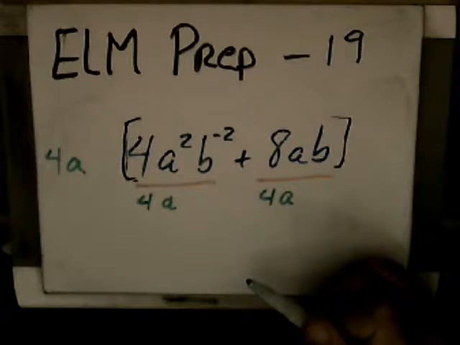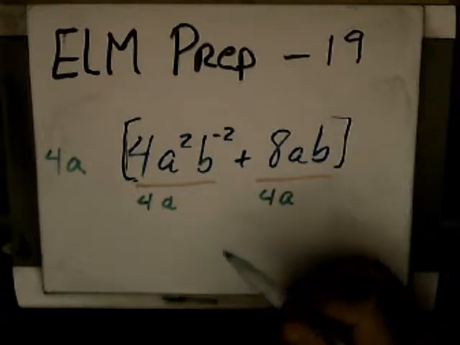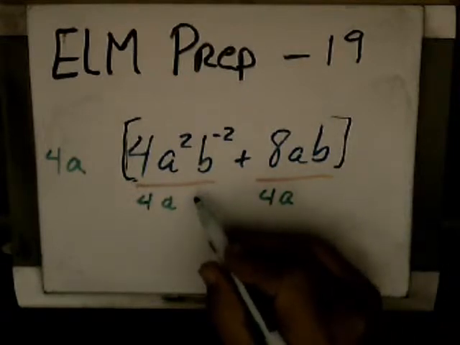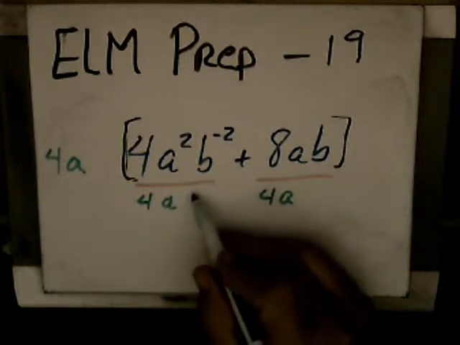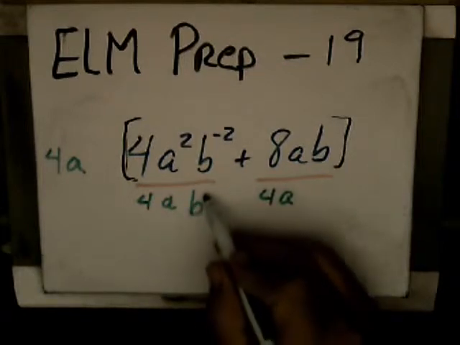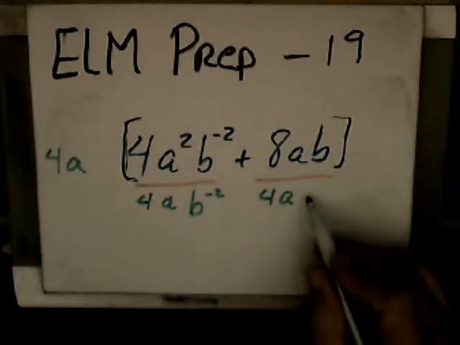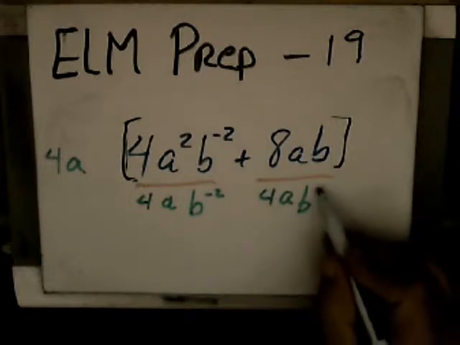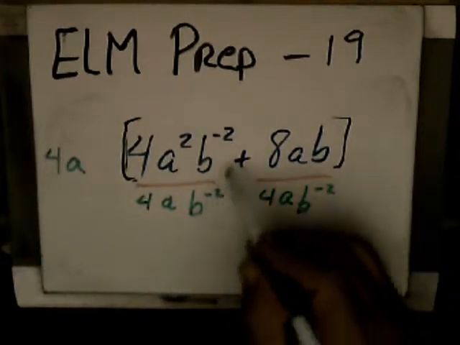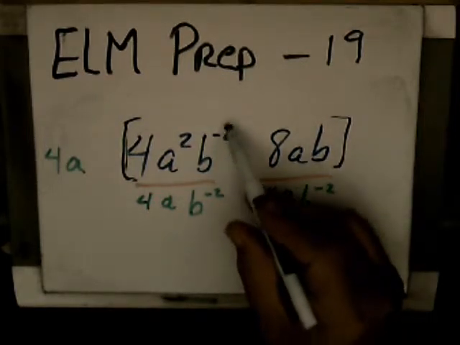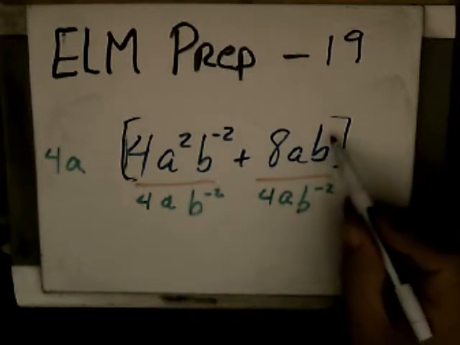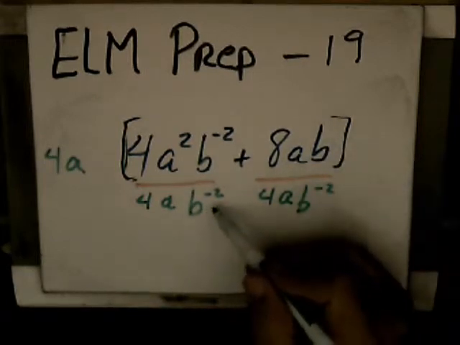So common here, I'm trying to think of the best way to express this, and I probably should have spent time beforehand, but I'm going to do this. I'm going to take a b to the minus 2, divide that, and a b to the minus 2 here. Now notice this is the smaller number of b's. It's a negative number of b's. This is a positive, so I divided this smaller amount.